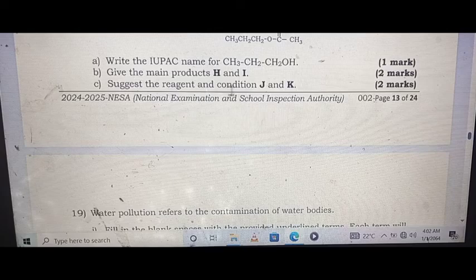C. Suggest the reagent and condition G and K. The correct answer: G, concentrated sulfuric acid, heat at 170 degrees Celsius. K, acidified potassium dichromate and heat.